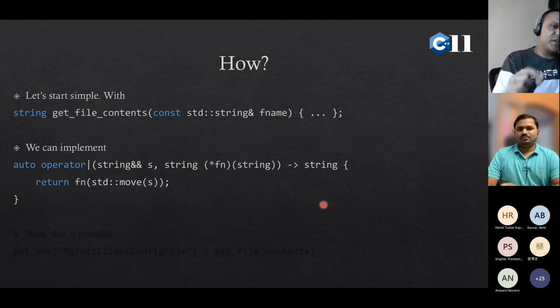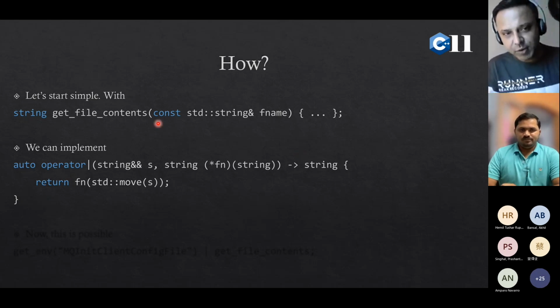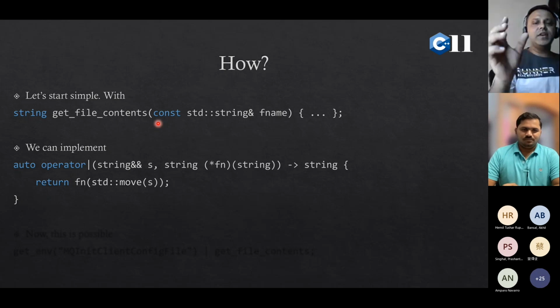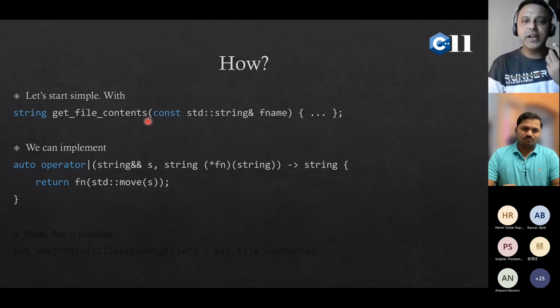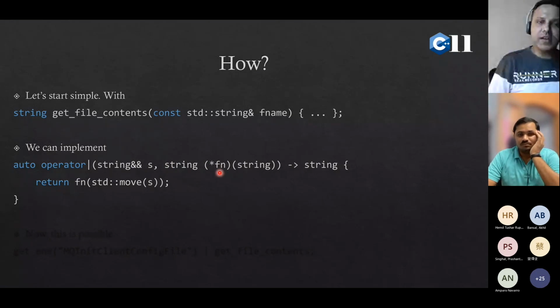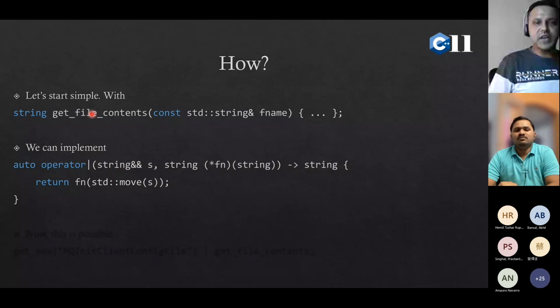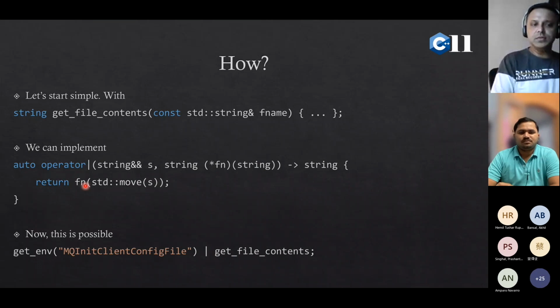So if we look at the first step, we have a string from the environment variable, which is the name of the file, and we have a function to get the file content. And that's what your operator will look like. You can connect any two things, and in this case, we have a string on the left-hand side and a function on the right-hand side. And with this, such code is now possible.